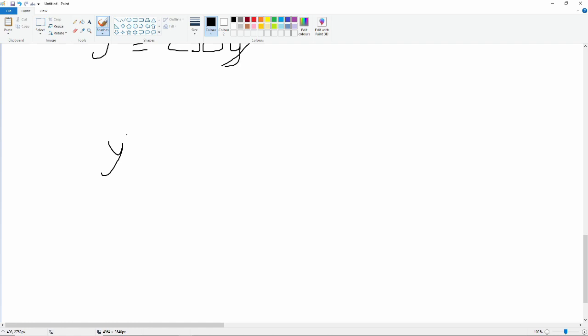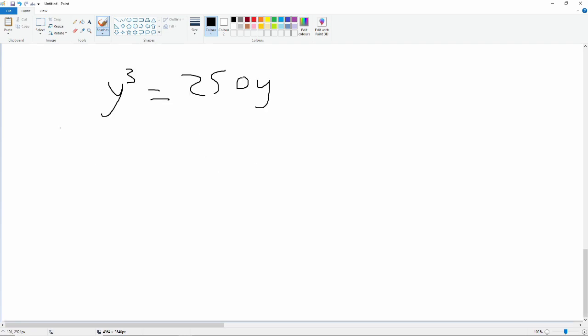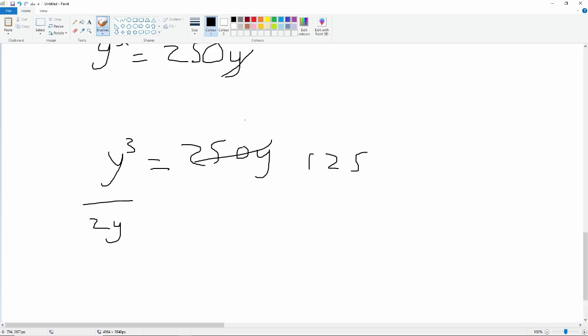Another thing it's not okay is to divide both sides by y, or divide by 2y, say, and say then that's equal to 125. That would not be okay, and the reason we can't divide by y or divide by 2y or divide by any other kind of multiple of y is because y equals 0 is a perfectly valid solution.